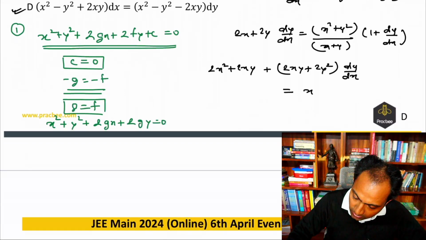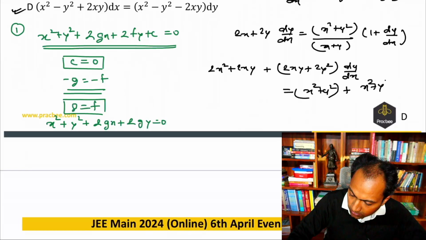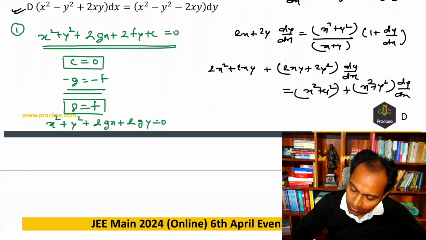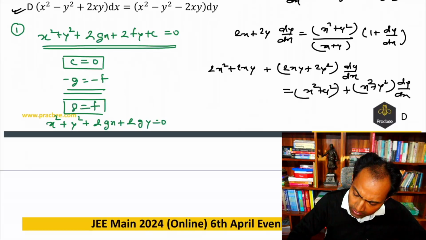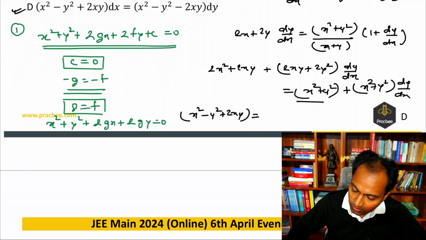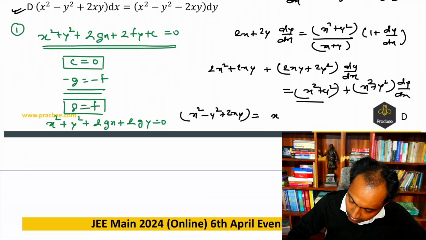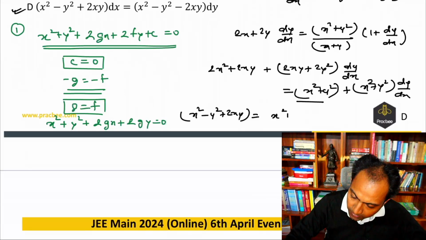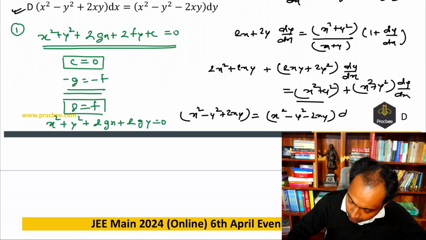And this becomes x square plus y square plus x square plus y square dy by dx. If I simplify this, you can take the term on the left hand side, so it will become x square minus y square plus 2xy, and the right hand side becomes nothing but x square plus, so this plus y square will be replaced by minus y square minus 2xy into dy by dx.